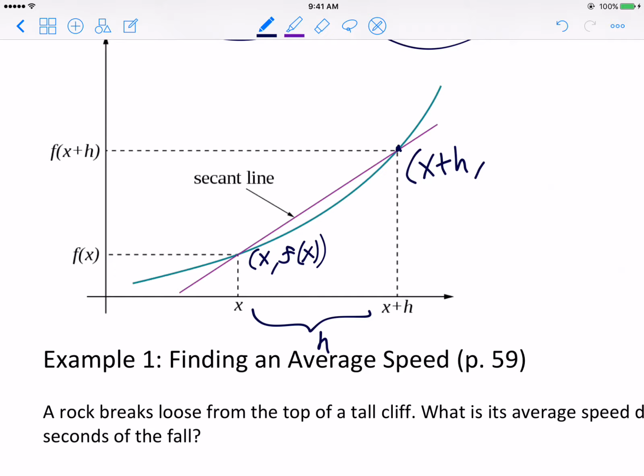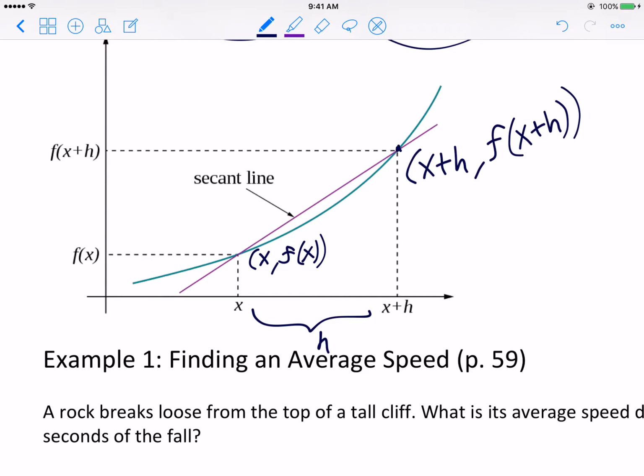As a result, f of x plus h would be your corresponding y value for this point.